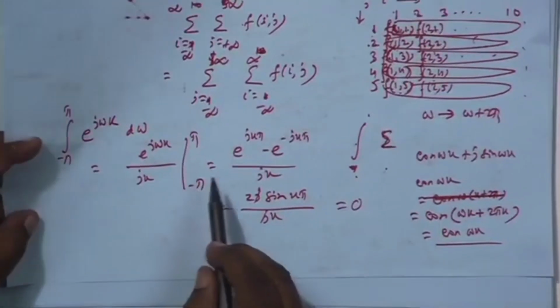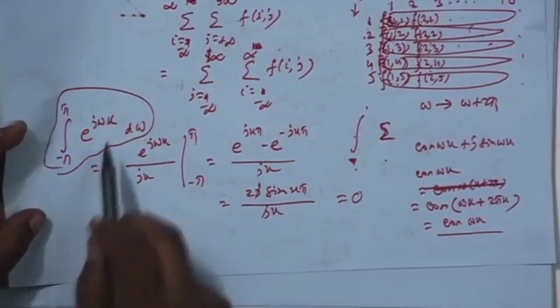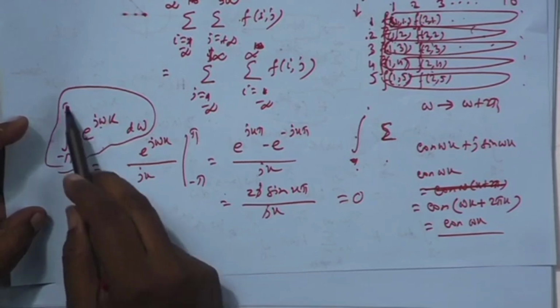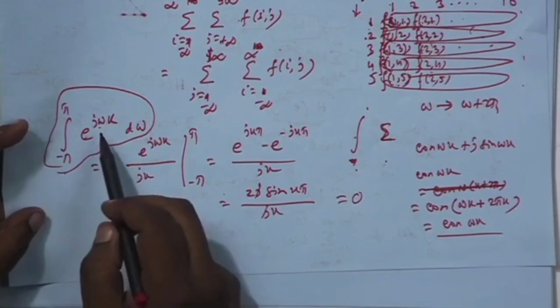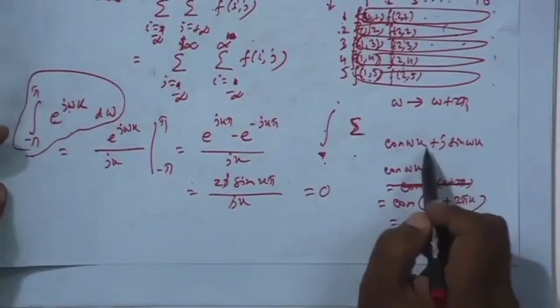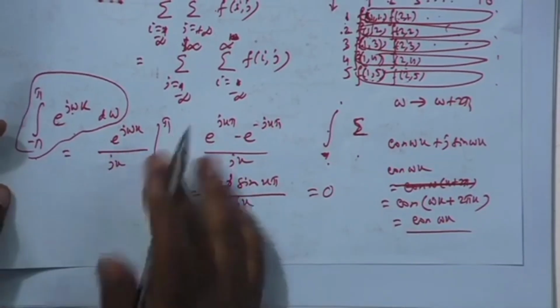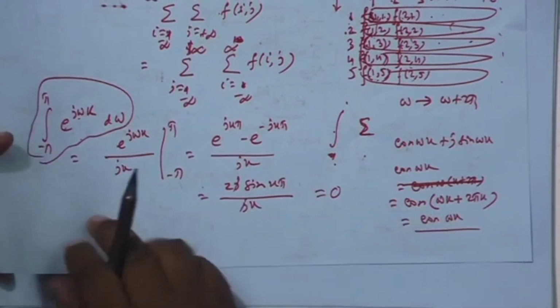So, now here this integral is of cos omega k plus j sin omega k, but you are integrating over a total period of length from minus pi to pi, meaning 2 pi, that is one period. So, the cos omega k part will have 0 value and the sin omega k integral will be 0 value.